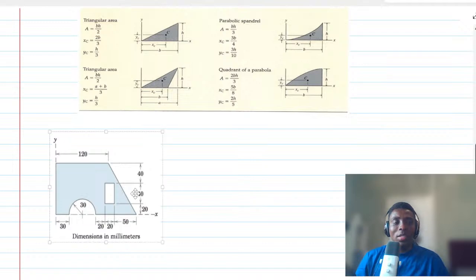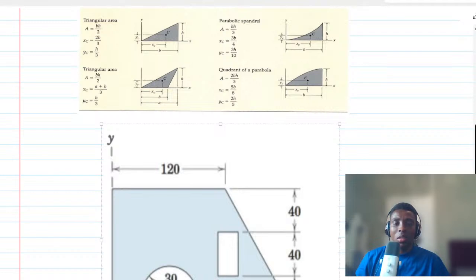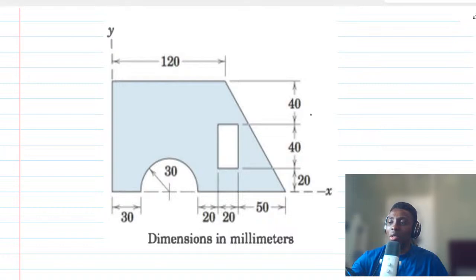All right. So let's say that I have a question like this, and I have been asked to find the centroid. How can you be able to find the centroid of a figure like this? Okay.